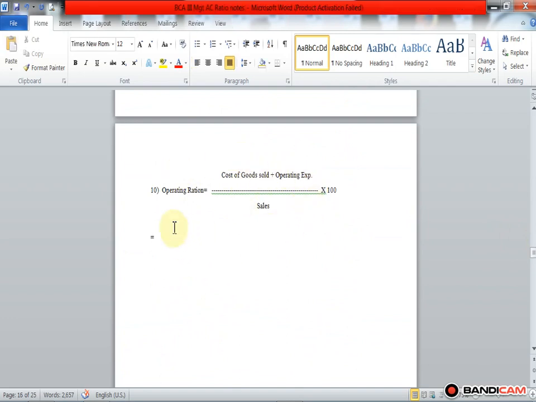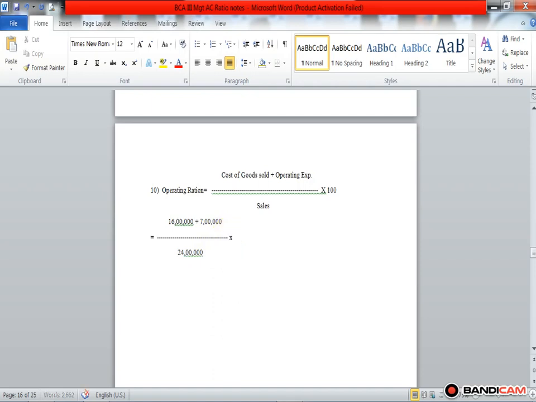So here, 16 lakh plus expenses 7 lakh, divided by sales, which is 24 lakh.